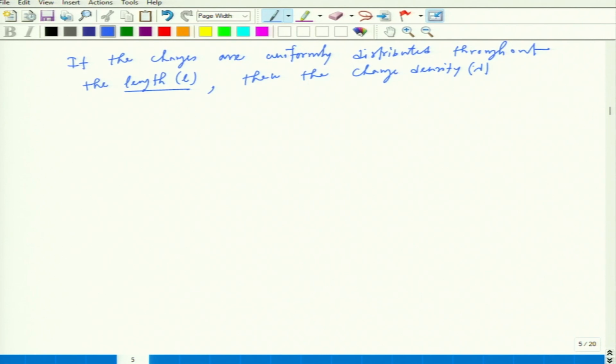So very specifically, the linear charge density lambda becomes uniform.